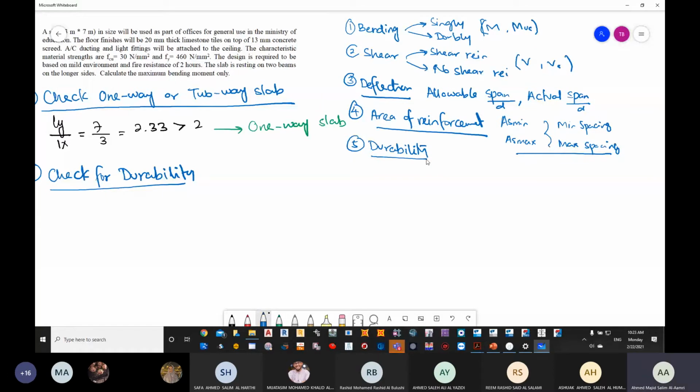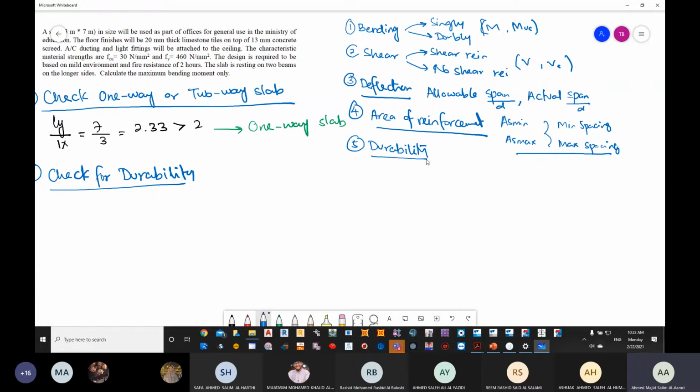Okay. So what will happen if you are not supplying a good, sufficient cover? What will happen to your reinforcement? Moisture will affect the reinforcement. Okay. So one failure that might happen is that the element is having less durability. So what we need to do is check and provide sufficient durability.